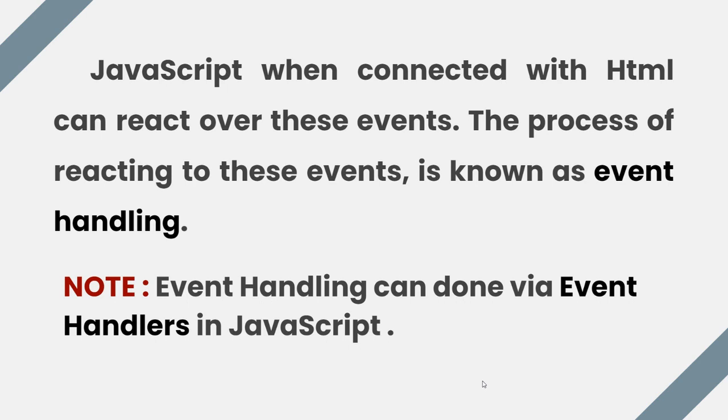So looking at the notes we have on the screen, you can actually see that event handling can be done via event handlers in JavaScript. So the event handlers here are the ones that perform the operation to be executed once that action has occurred. So in the next slide, we'd actually get to know what an event handler is.